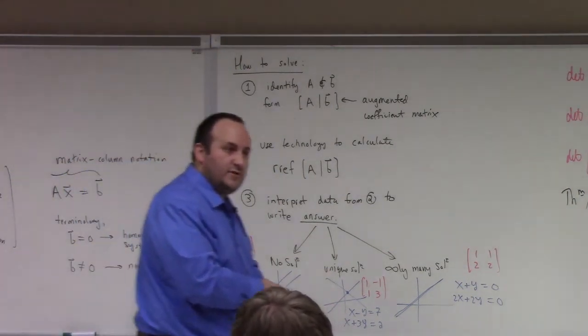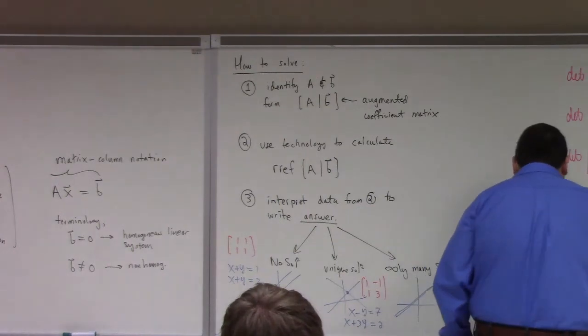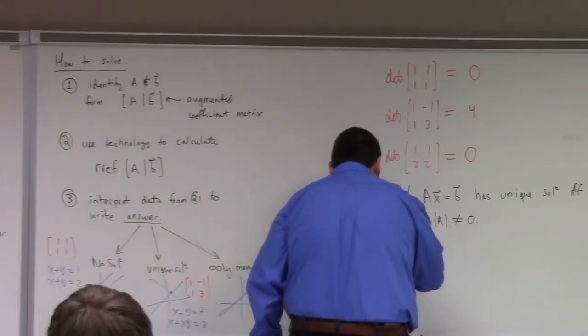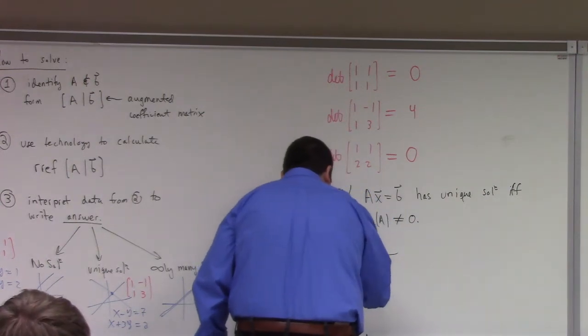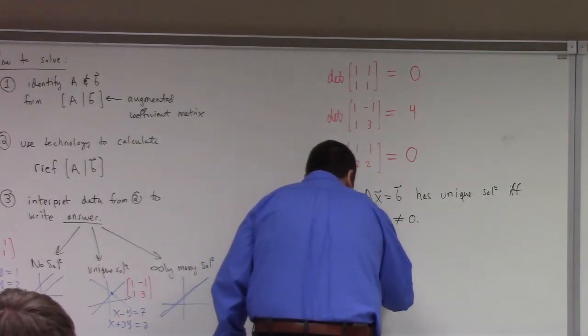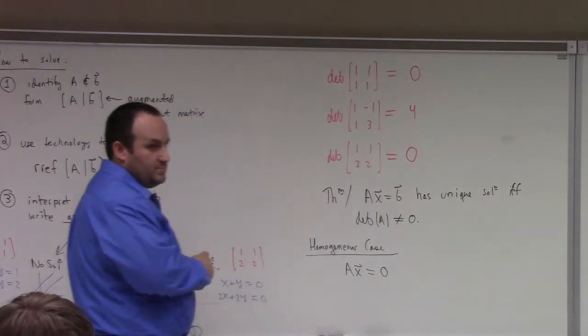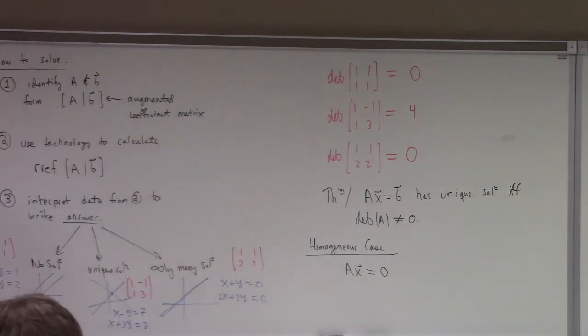Now, how about this? What if we're dealing with the homogeneous case? Let's talk about the homogeneous problem for a second. The homogeneous case is Ax equals 0. Does this have a solution?